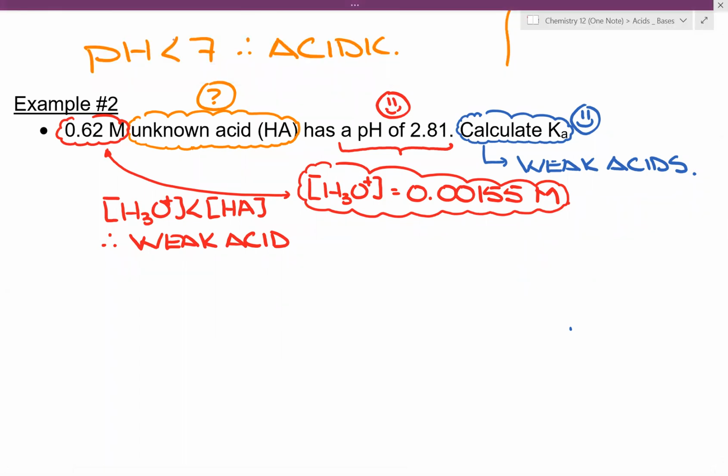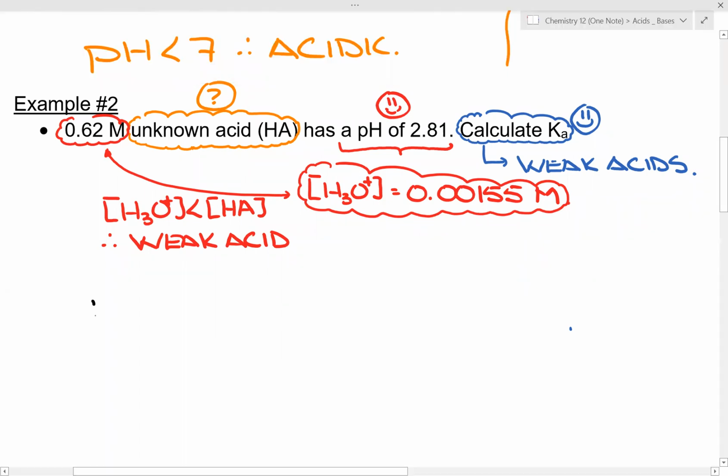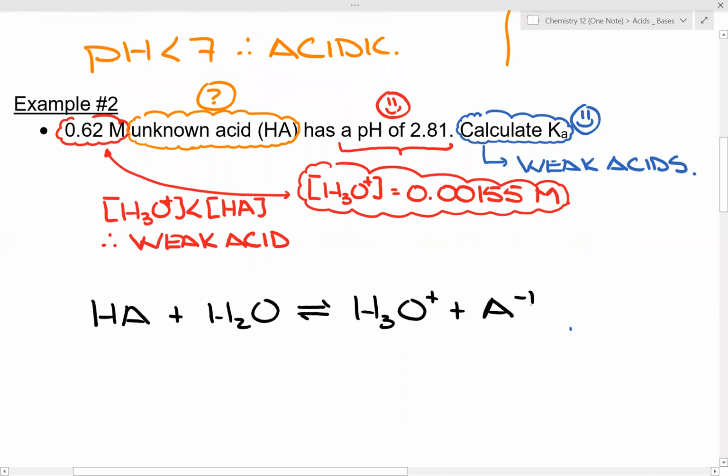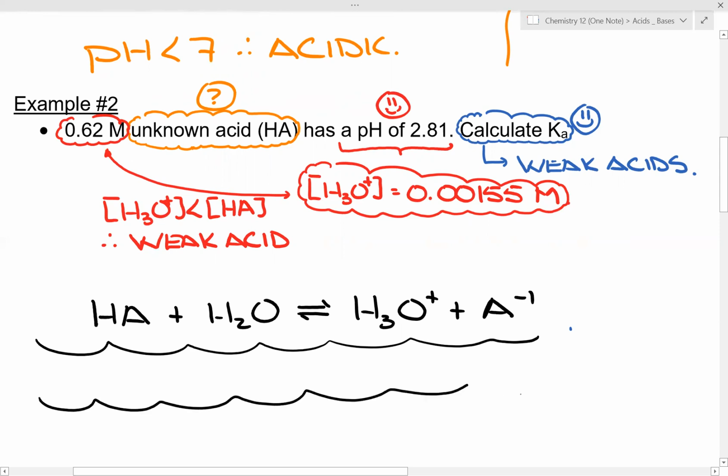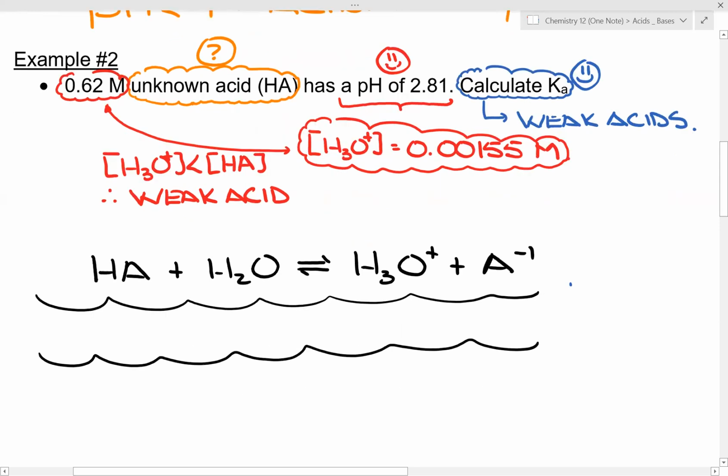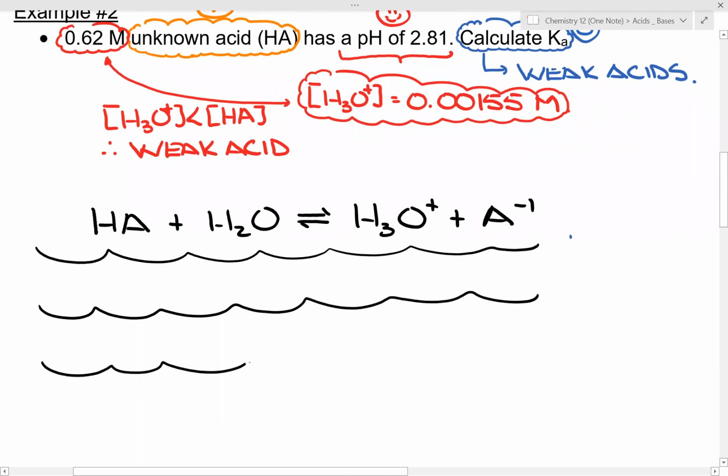We would go HA plus H2O is in equilibrium with H3O plus and A minus 1. And since this is weak, we set up our ice tables. And so what we have is our ice tables.